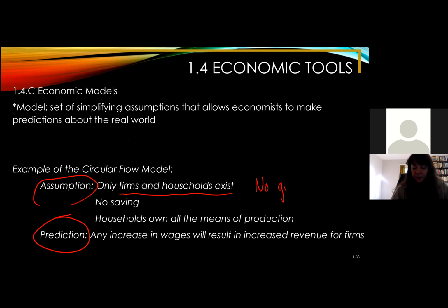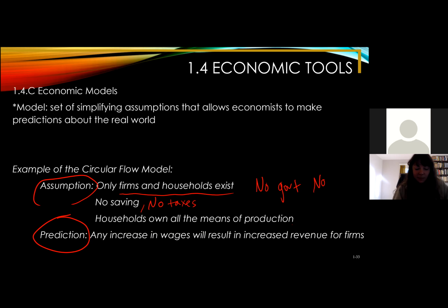No government, no people that own their own businesses, and no saving and no taxes. So those are some of the first complications people will make to that model, is add in saving and taxes. We also assume that households own all the means of production, right? There's no firms that own any machines or any land.